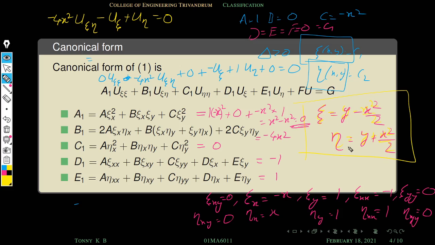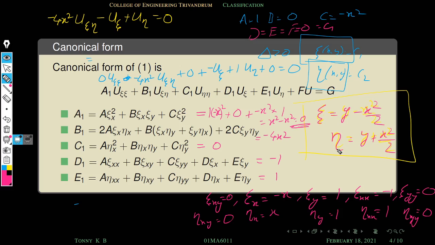We know what psi and eta are. Using these two transformations, we can eliminate x square. Then how to eliminate x square using psi and eta? How to write x square, or minus x square, in terms of psi and eta?